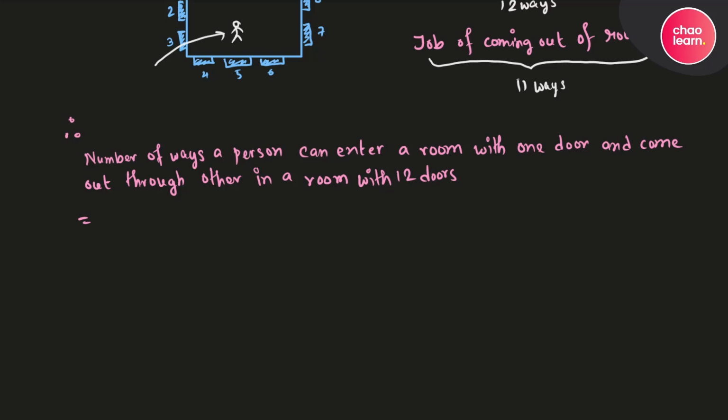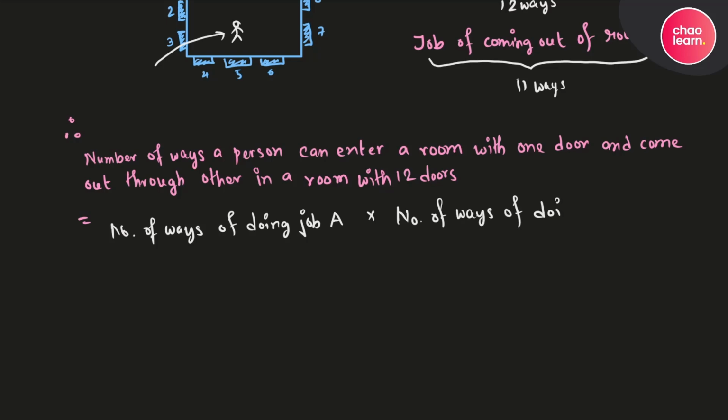using the fundamental principle of multiplication, it comes out to be the number of ways of doing job A multiplied by the number of ways of doing job B. So what is it?